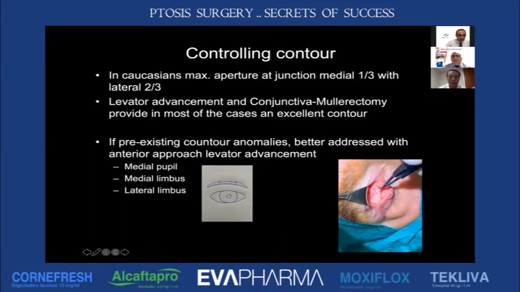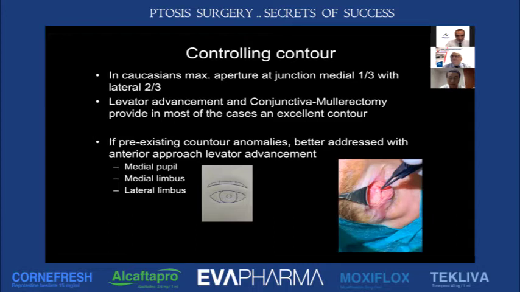Controlling the contour can be quite challenging. You have to be familiar with the racial variations in your community. And we know that in Caucasians, the maximal aperture is at the junction between the medial third and the lateral two thirds.